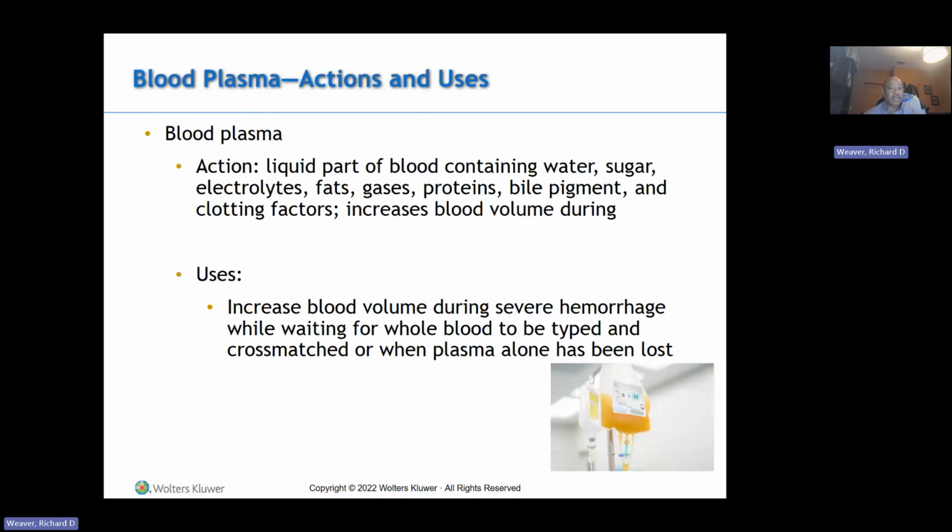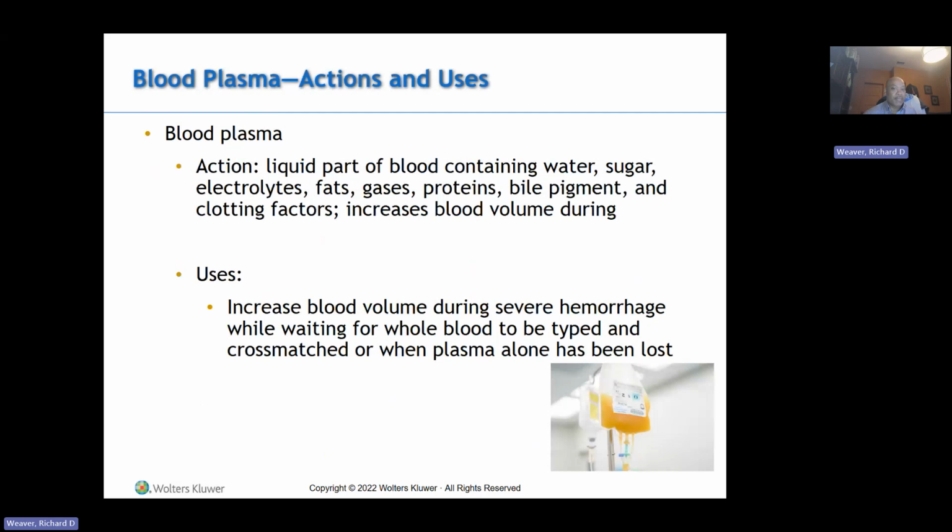This is because it lacks the red blood cells, which determine blood type and Rh factors, right? Remember that that's how we type and cross blood that we're going to give to someone. If we're just talking about plasma, it doesn't have that in it. But if we're talking about packed red blood cells, then we type and cross that, and that can cause reactions, an allergic reaction.